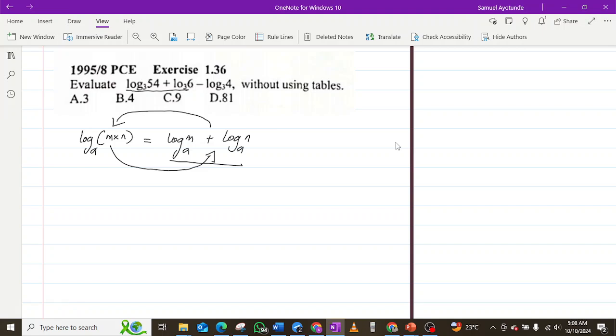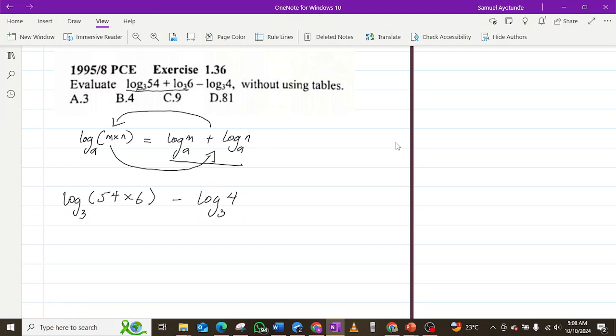So since it is addition in between, and we have addition here, and both carry the same base, and the base is 3, this can be interpreted as log base 3 of 54 times 6, minus log base 3 of 4.